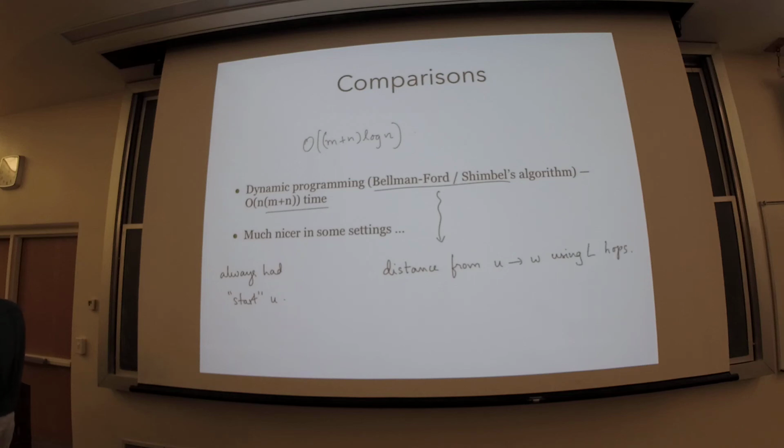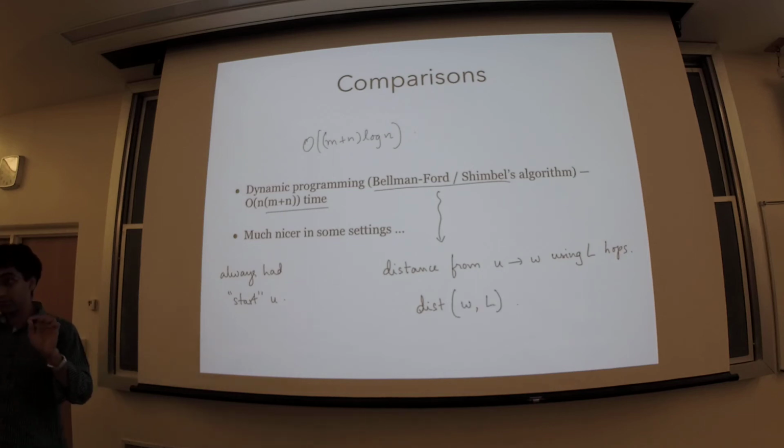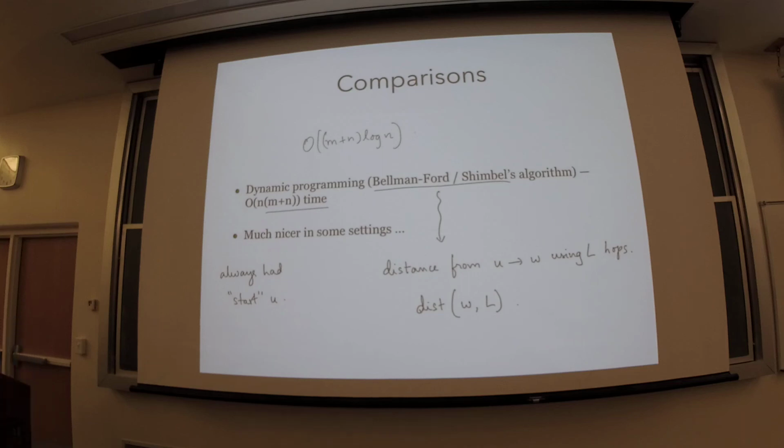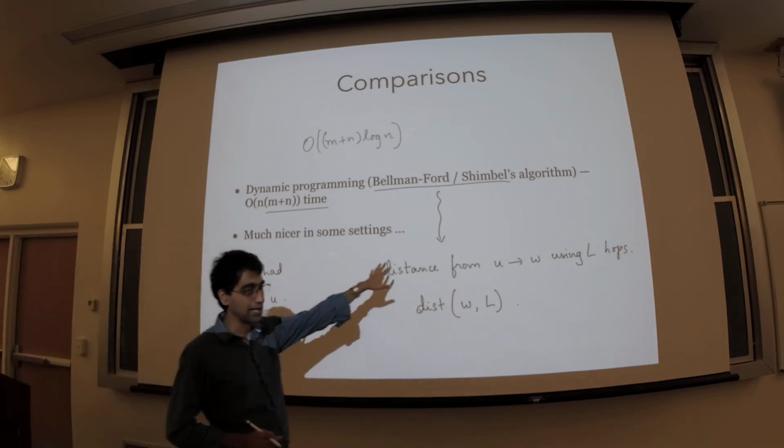We called it dist of w comma L, because it's always the same start vertex u. So we were maintaining this as an array, the distance to w using L hops. This we could update via dynamic programming.